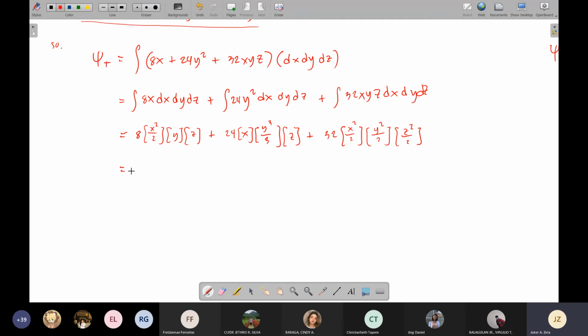Okay? Then, using the limits, 8 times, recall, x from 0 to 3, y from 0 to 5, z from 1 to 4.